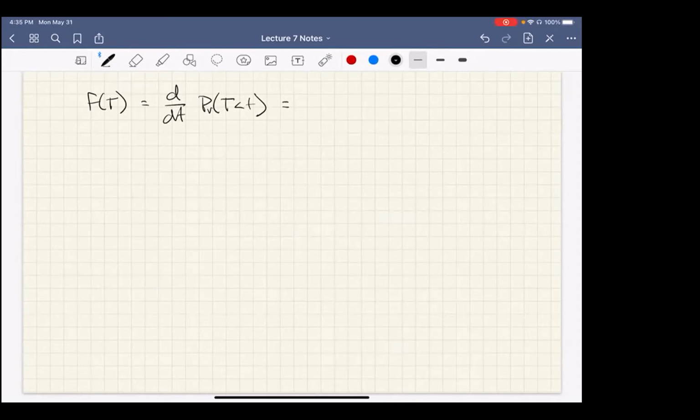You can do it yourself. What you end up with is d over root 2 pi sigma squared t cubed, e to the minus d squared over 2 sigma squared t. There it is. So that is the first arrival time distribution.